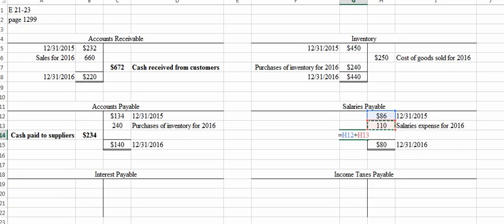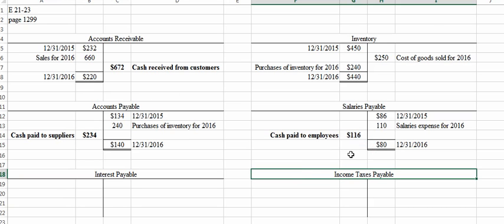That's 196 minus the $80 ending balance that did not get paid. Tells us we must have cash paid to employees of $116 million, I believe, or is it in thousands? No, it says in millions.